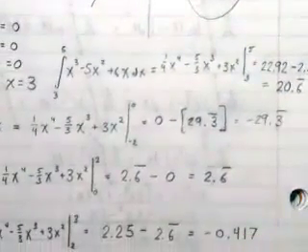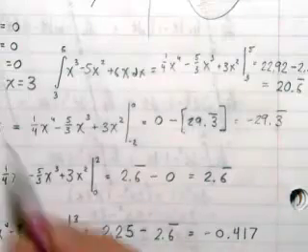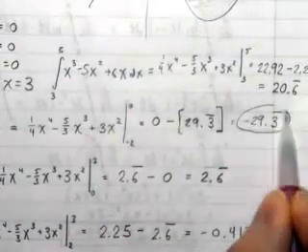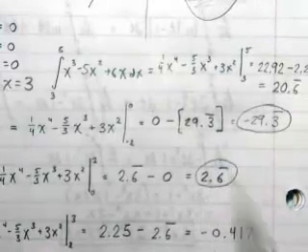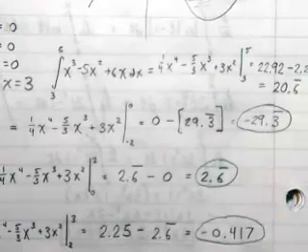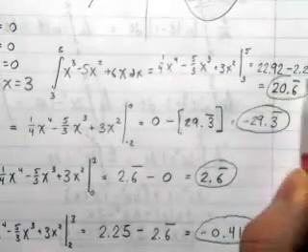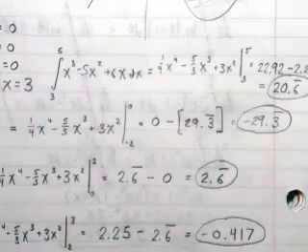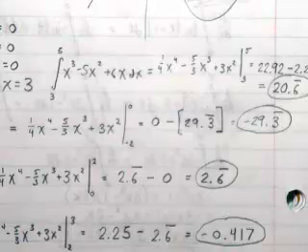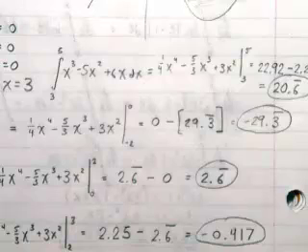So here's what we came up with, the results of each of these. Our first interval, we had negative 29.3. Second interval, we came out with 2.6. Third interval, negative 0.417. Fourth interval, 20.6. For the total area, I just want how much area of each one of those. So every number stays except we get rid of the negative signs, and that should be what we've got.